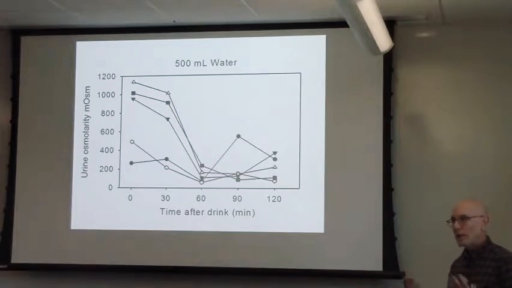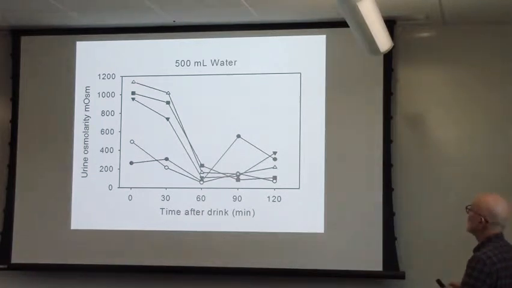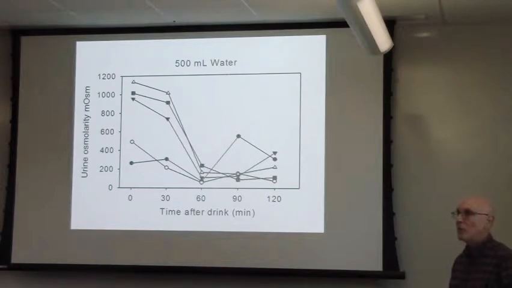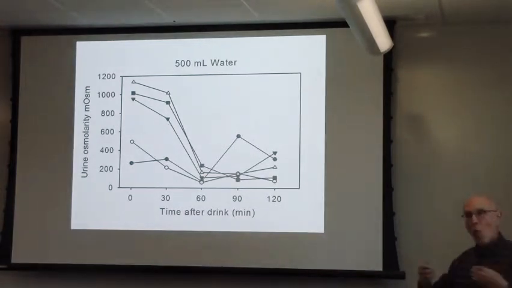Obviously this person was relatively water deprived, and this person had been sipping on a bottle of water all morning. So a wide variety of urine osmolarities depending on the drinking of the person.